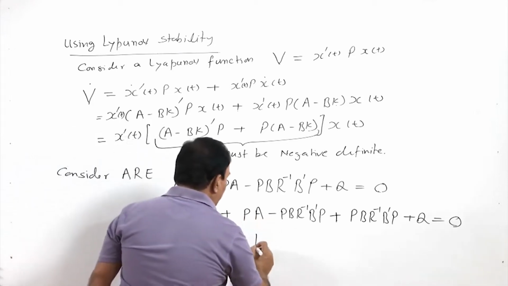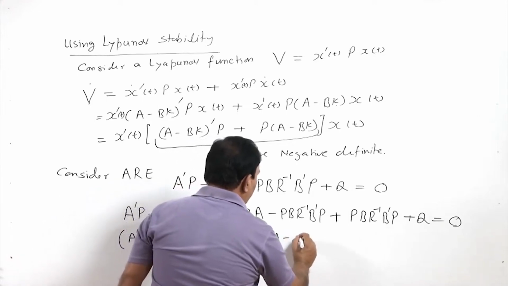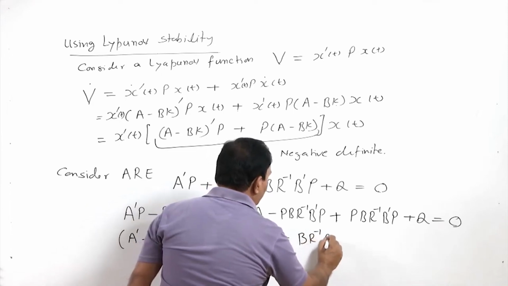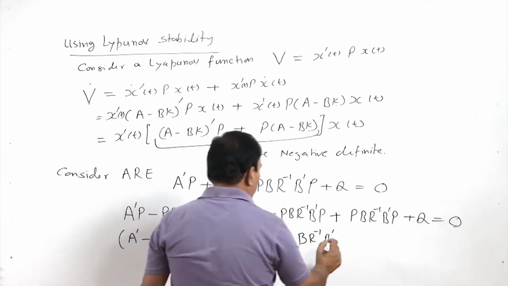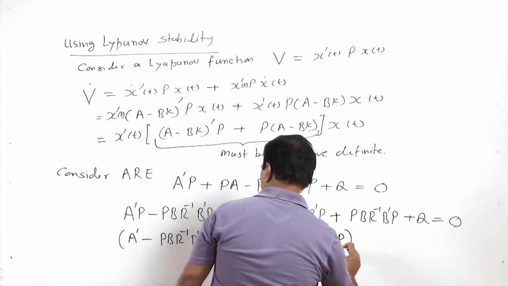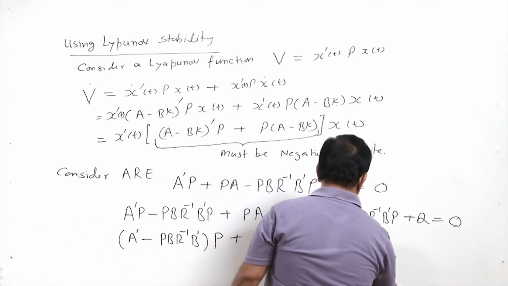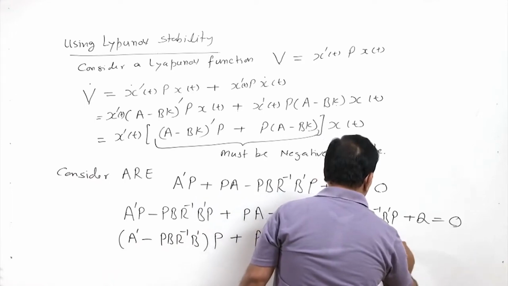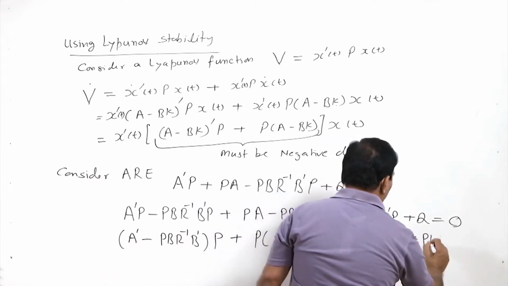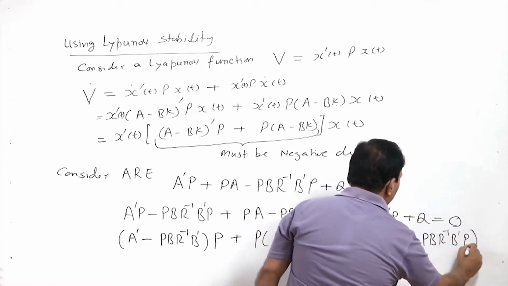Next term P I am taking here, P A minus B R inverse B prime P equal to minus Q plus P B R inverse B prime P.